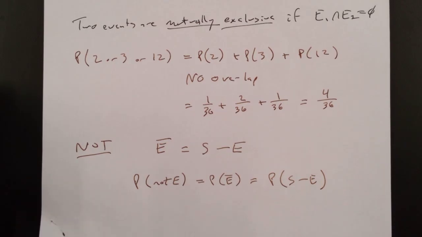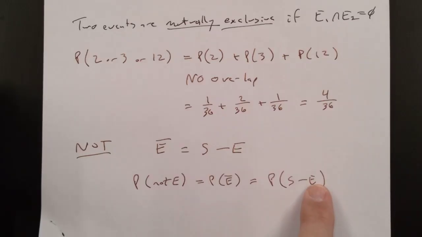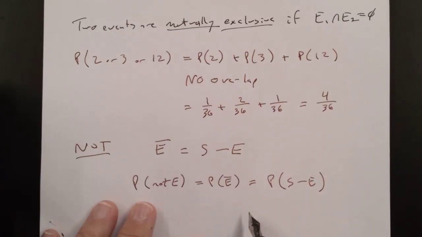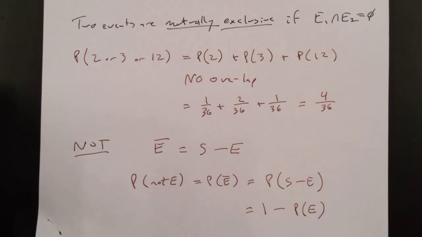Wait a minute. The chance of something happening is, I do my experiment. What's the chance something happens? 100%. So what's the chance it's not in this set E, it's all of the rest of the chance, isn't it?